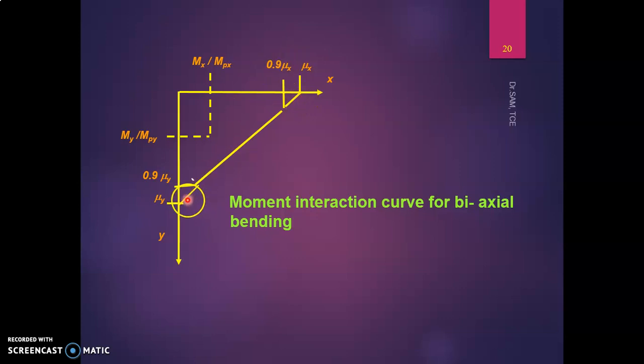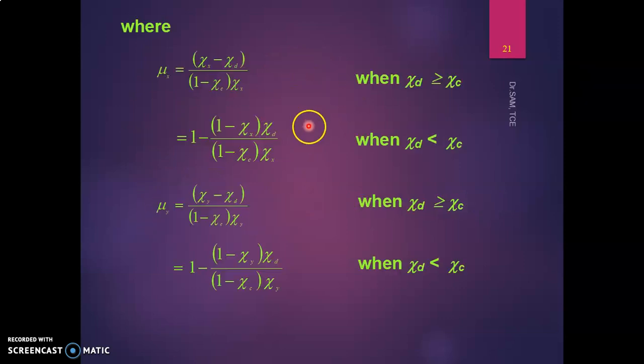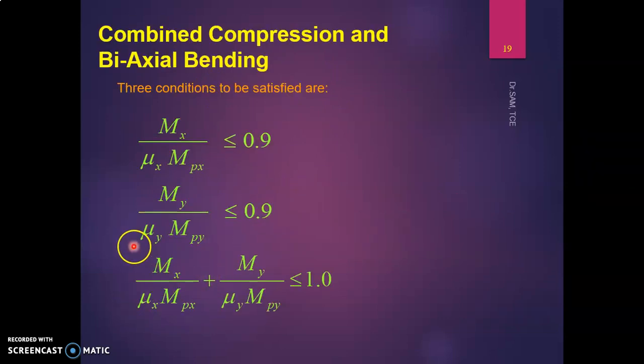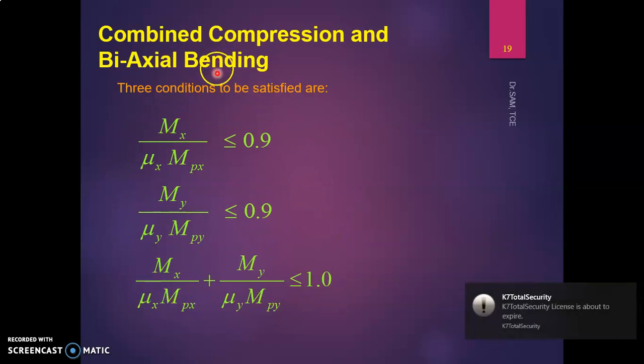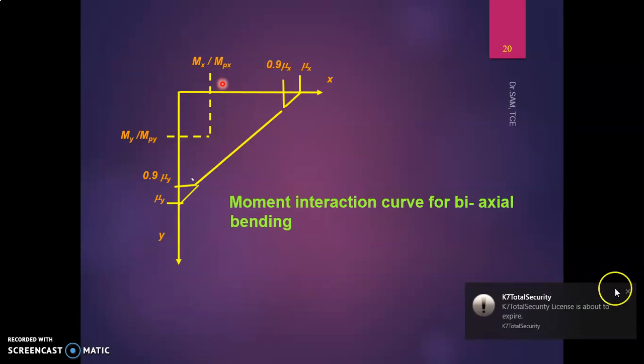But for the combined action of two moments, it should be taken to the full value of mu x and mu y. Therefore, your expression should be calculated like this. This is nothing but, about the major axis, the ratio between the applied moment and the resisting moment, plus about the minor axis, applied moment to resisting moment, and the sum should be less than 1. All the three equations have to be satisfied when a member is subjected to biaxial bending.